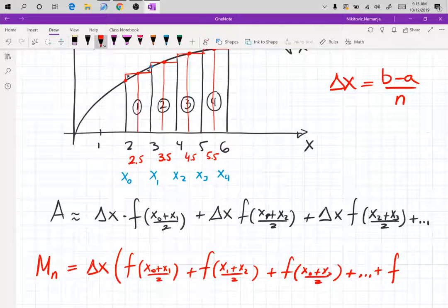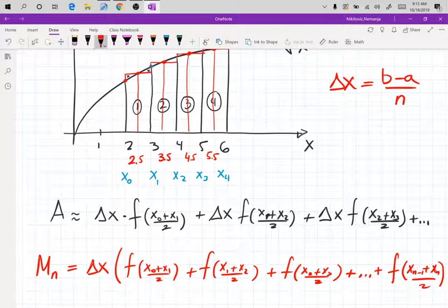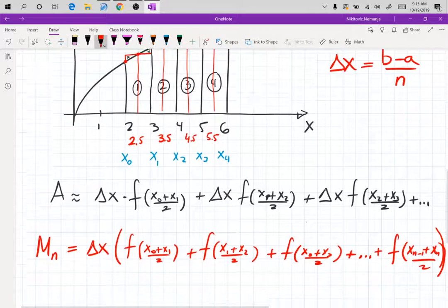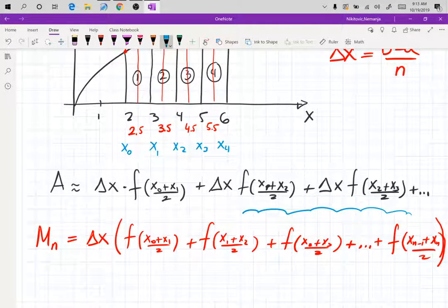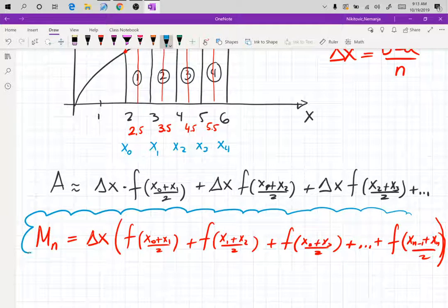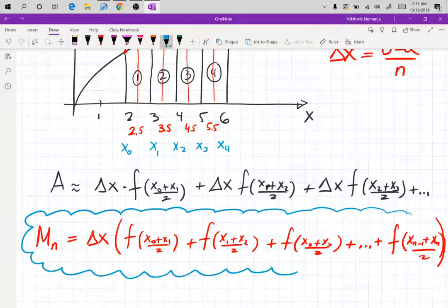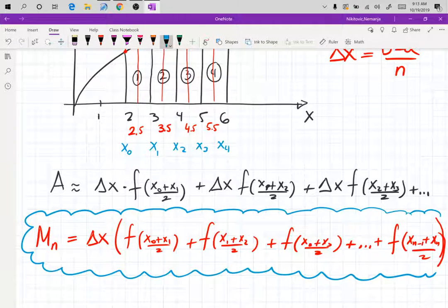Plus f of xn minus 1 plus xn over 2. So that's the last term, the one that has xn. This is your midpoint formula, Mn. That's the midpoint formula.